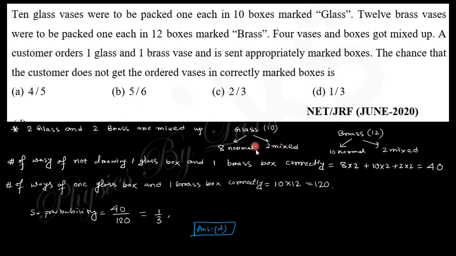So we can take 2 mixed here and 2 mixed here, makes 4. So you can see, if you were not drawing 1 glass box and 1 brass box, that is 8 into 2, and this is 10 into 2, and these two are interchangeable also, that's why 2 into 2, that is 40. And when they are the same thing, this will be 10 and this is 12, so this is 120, so that ratio will give the answer.